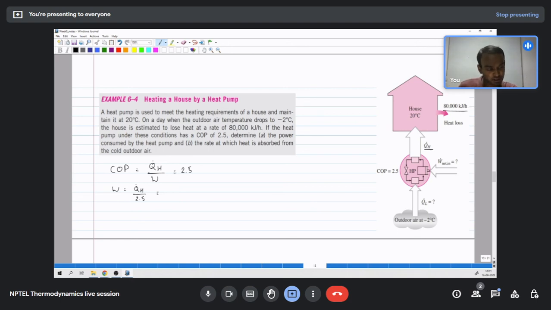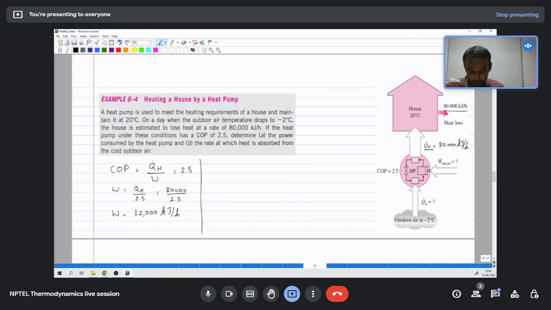To maintain the house at the same temperature, we need to supply 80,000 kilojoule per hour. So Q dot H is also 80,000 kilojoule per hour. So this is 80,000 divided by 2.5, which is 32,000 kilojoule per hour.